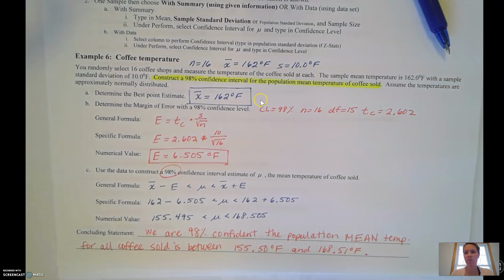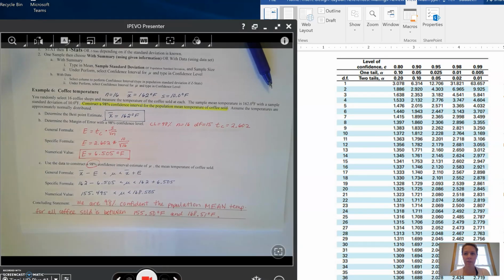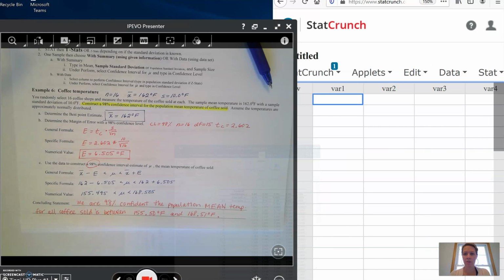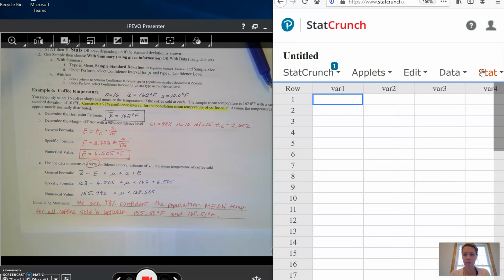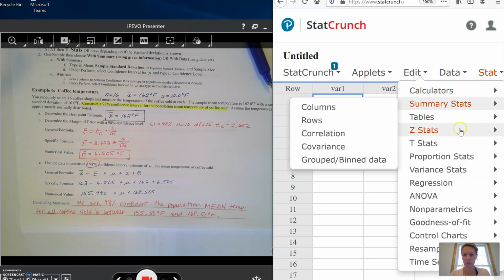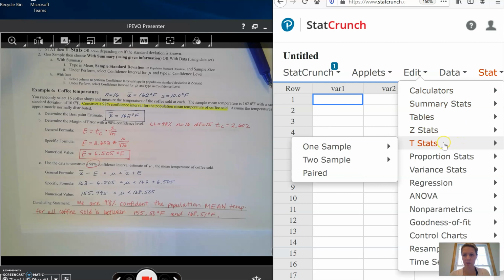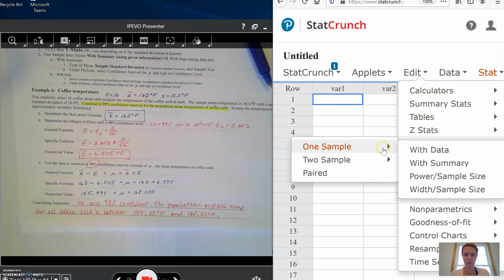Now let's check ourselves on StatCrunch. So on StatCrunch, we're going to go Stat. So let's see, T-stats. Remember, T-stats is for mean because we use a T critical value. One sample with summary.